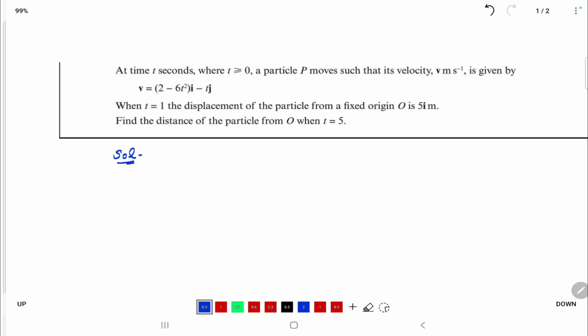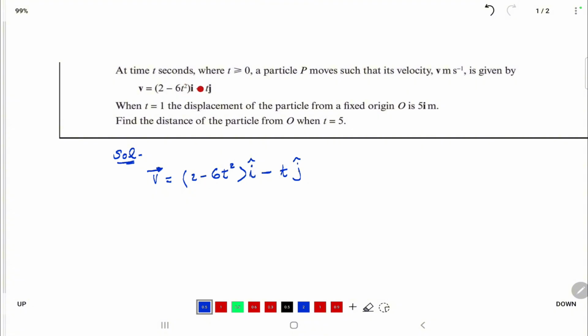Okay, now we have just shown that v is equal to (2 minus 6t squared) i minus t j. I put this hat above the unit vector to show that it is a unit vector.